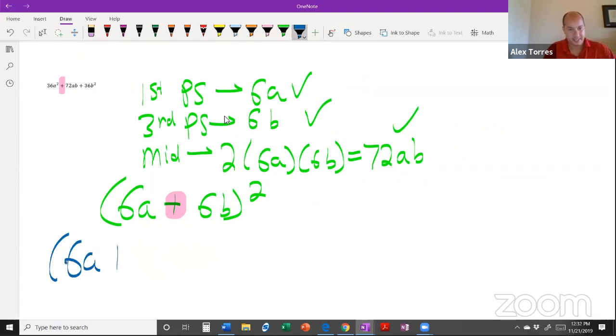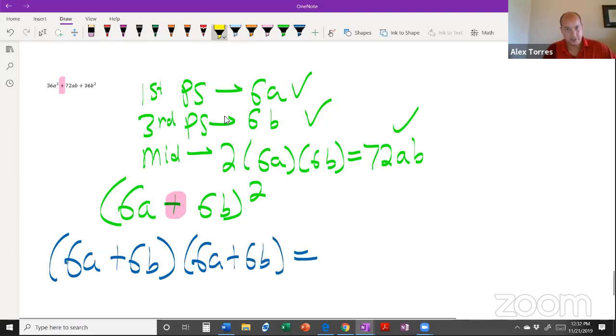So 6a plus 6b times 6a plus 6b, first times first. So we have this times this, 6a times 6a is 36a squared. Outer times outer, 6a times 6b should be 36ab.